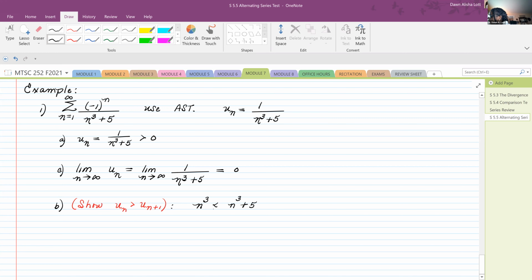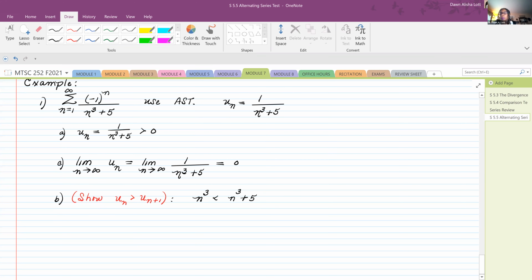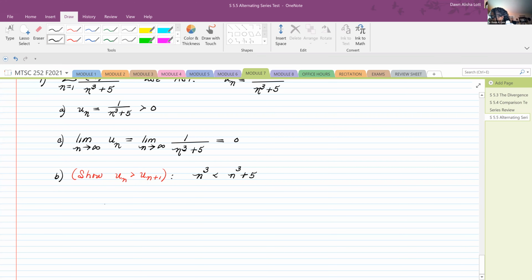n cubed is certainly less than n plus 1 cubed.